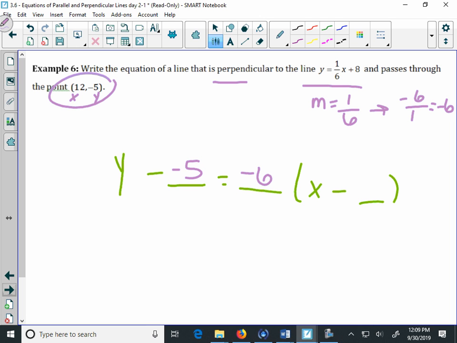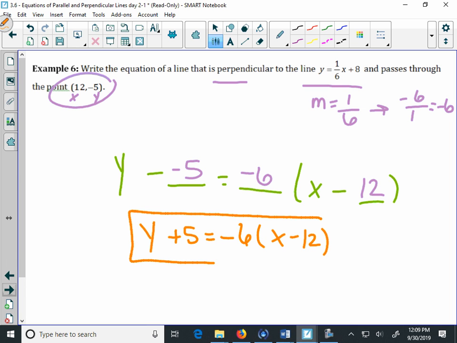What's going to go in this last spot? Well, X goes with X, Y goes with Y. Clean it up. We have a double negative, so it's going to turn what? Positive. And again, don't stop to solve for what? Just leave it like that. That's totally fine. Questions over that?